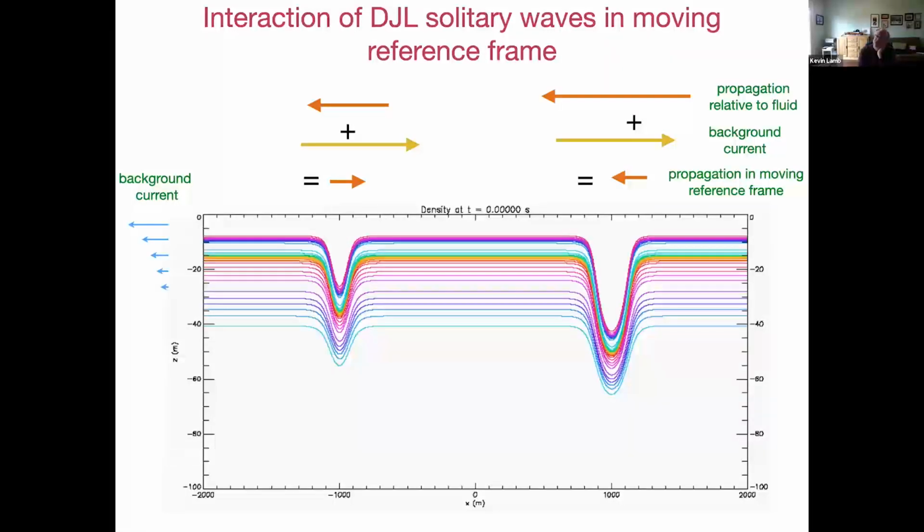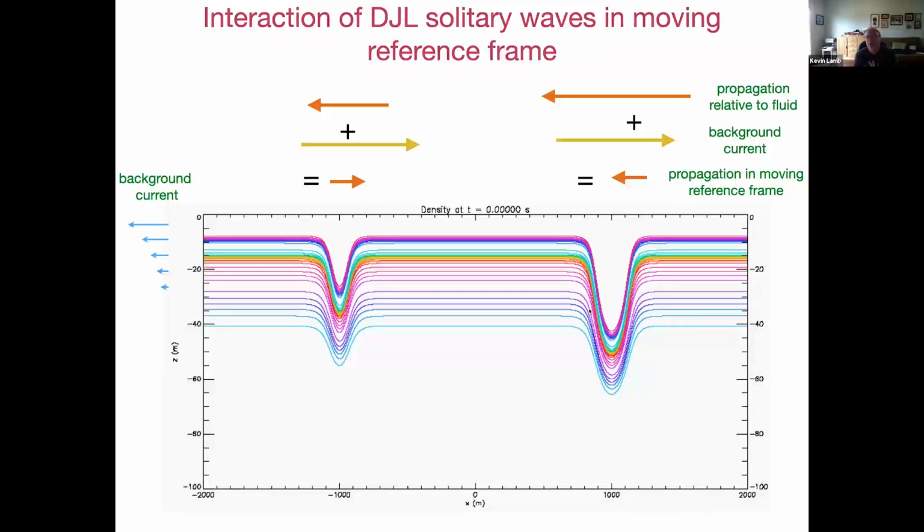Okay, now I'm going to show some simulations of the interaction of DJL solitary waves. Here I'm using a numerical code that solves the full nonlinear equation. The simulation is being initialized with solutions of the DJL equation. Here I've got two waves of different amplitudes, so they have different propagation speeds.